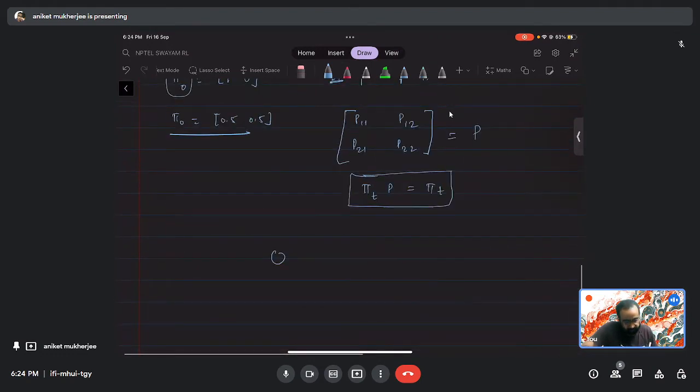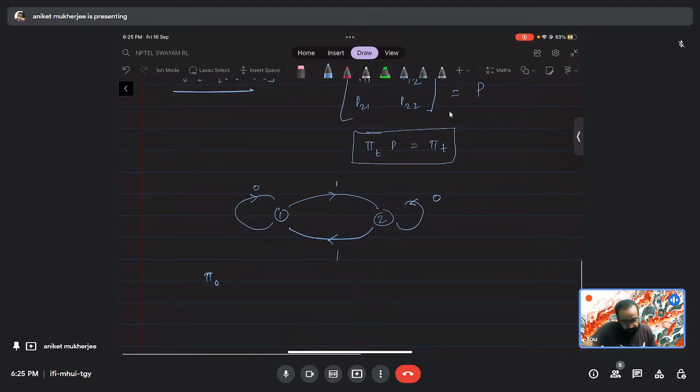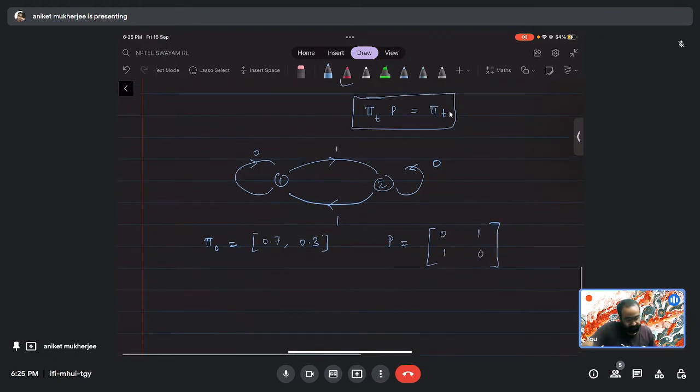Suppose I have states 1, 2, and this is 1, and this is 1, and this is 0, this is 0. Okay. So now I say pi 0 is 0.7, 0.3, P is 0, 1, 1, 0. Could you tell me what pi 1 is?